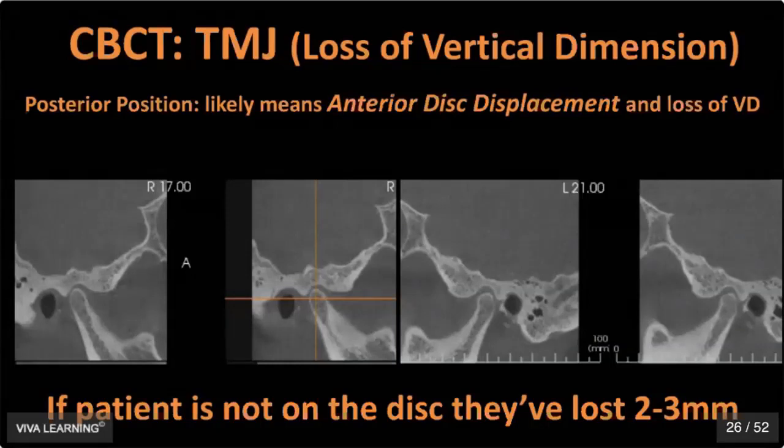We've all seen our patients with worn dentitions. We also know that a change in the posterior of 1 millimeter can make a 3 millimeter change in the anterior. Well, imagine if we take that back to the joint, how a change in the joint area can affect the teeth.